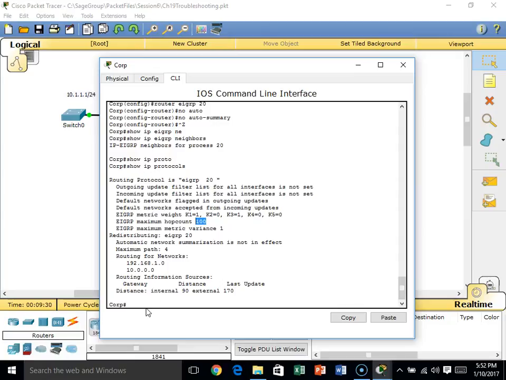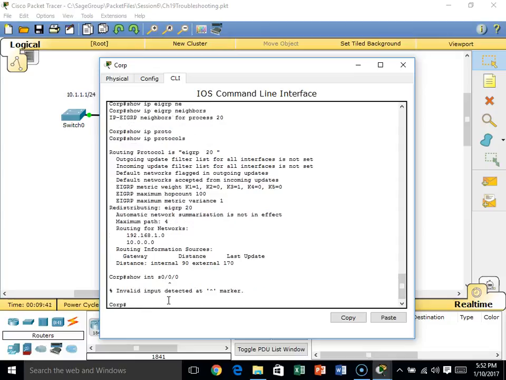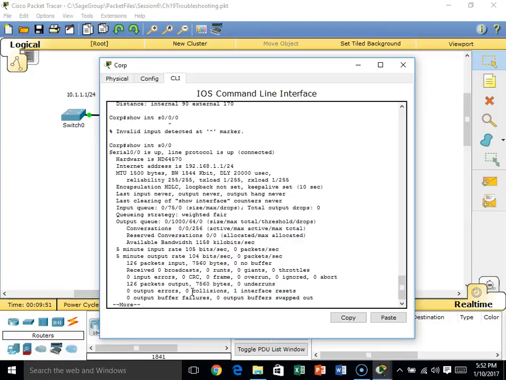So the next thing I want to do is to show interface 0/0/0. Maybe this one's 0/0. Some of them are 0/0/0, some of them are 0/0. In this one, the bandwidth is 1544, which is the standard, what we saw before, and delay is 20,000 microseconds, which is what we saw before, right?